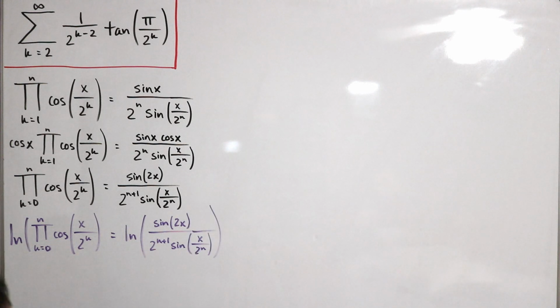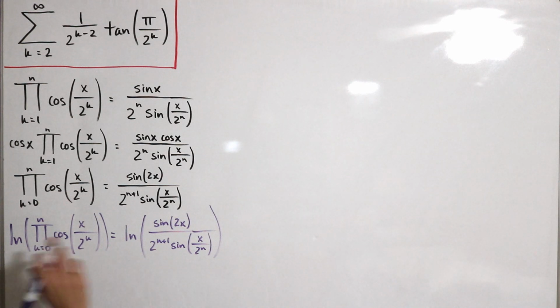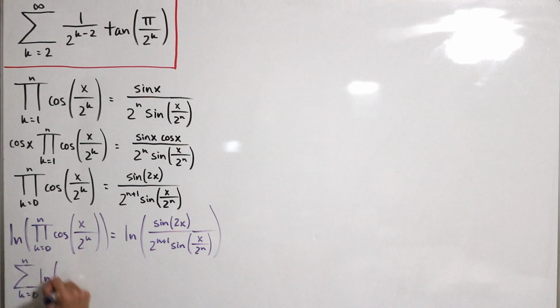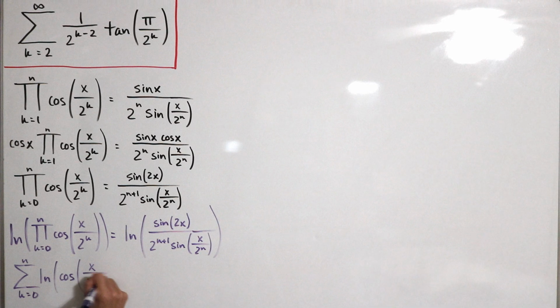But what you'll notice is that from the left-hand side, since we have the natural log of the product series, by using the definition of continuity, we can actually write this as a partial sum of the natural log of cosine of our input. So here we have the input, our partial product k is equal to 0 of the natural log of cosine of x divided by 2 to the power k.